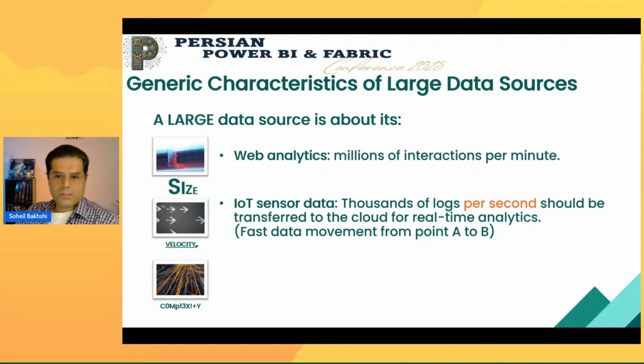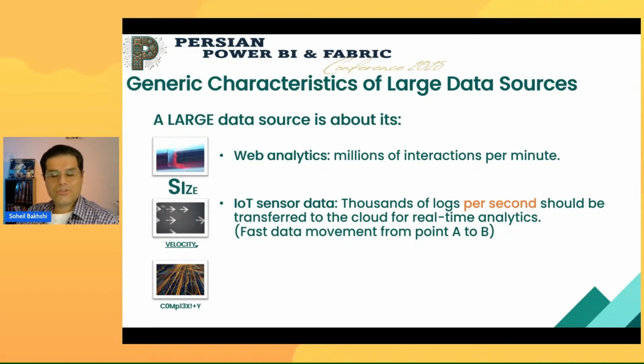Okay. For velocity, I can think of IoT sensors. As you can imagine, you may have a farm or a land with hundreds or even thousands of sensors around the farm. Just imagine there are some sensors that gauge the humidity or even capture some soil characteristics, and they are sending logs per minute.